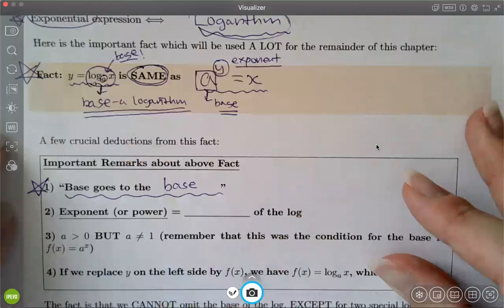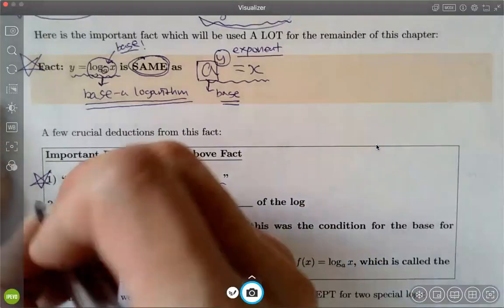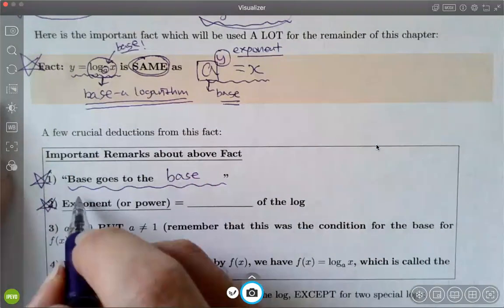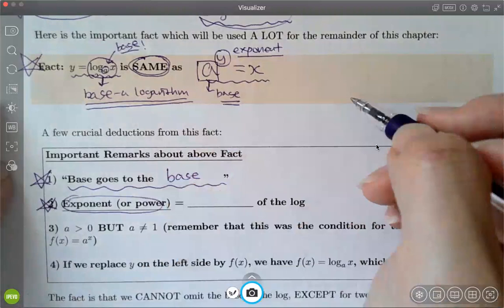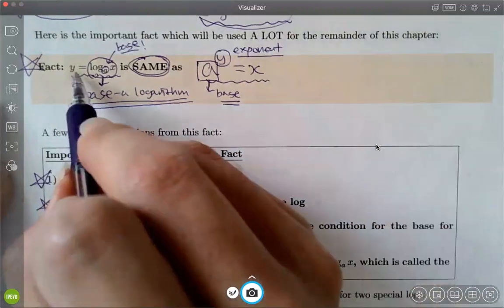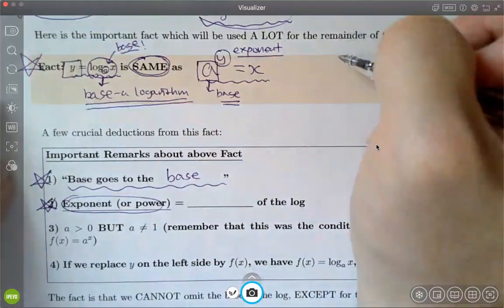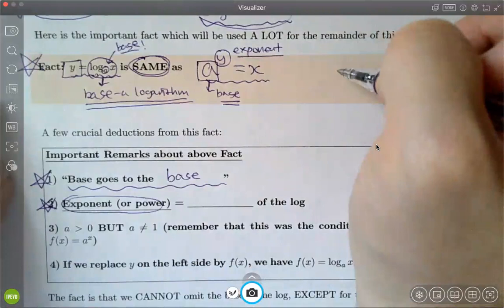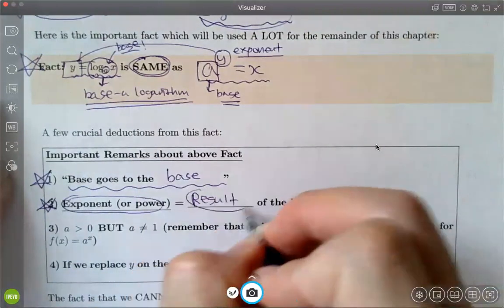And now, the exponent, or power. So the exponent is y, right? And where do you see y in this expression? Here, right? So the exponent is written as the result of the log.